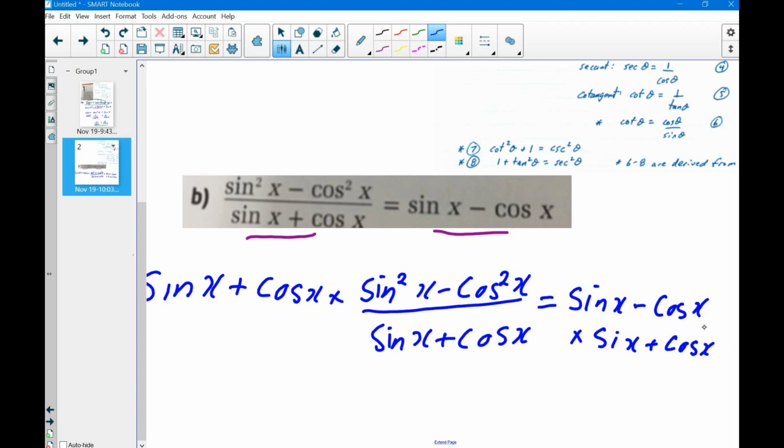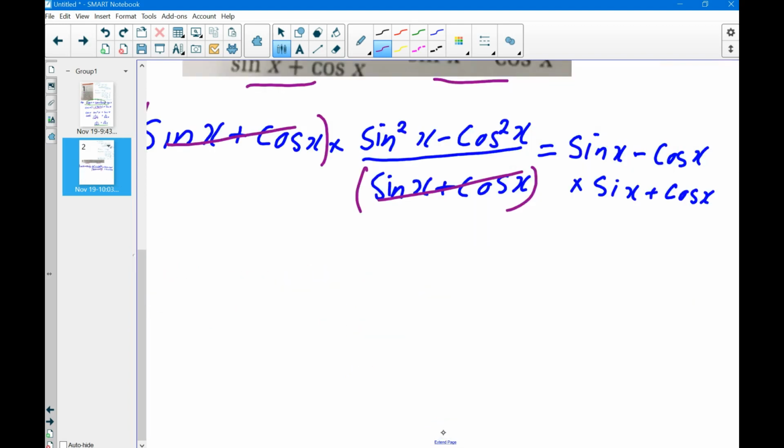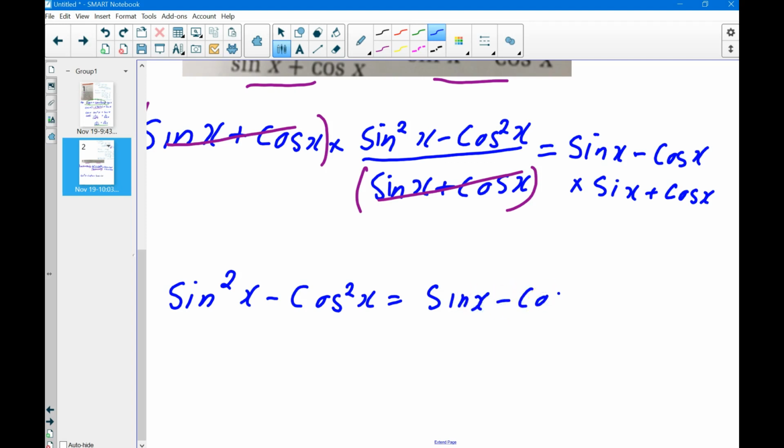On the left hand side, if I multiply by this piece over this piece, these cancel out, they're gone. What am I left with on the left hand side? I am left with sine squared x minus cosine squared x equal to, I want to write this up in one line so you can see it better, sine x minus cosine x.